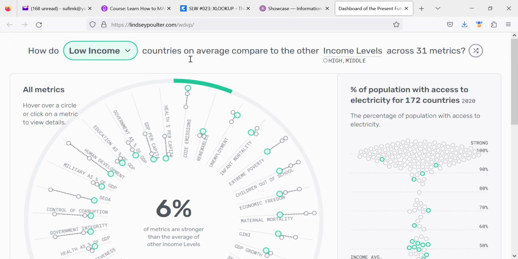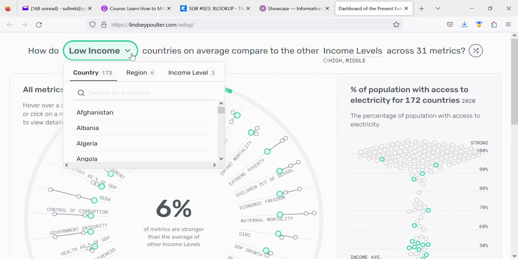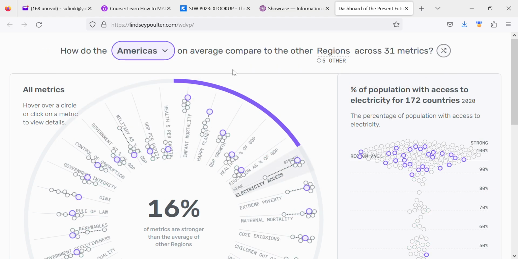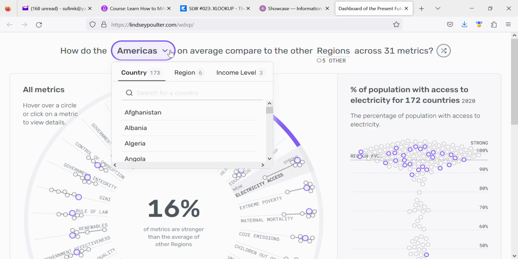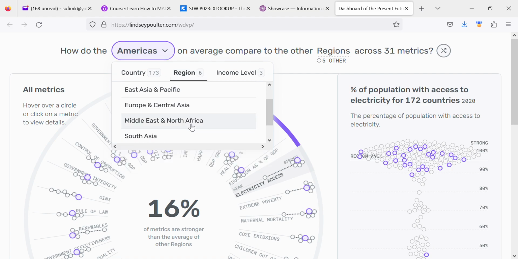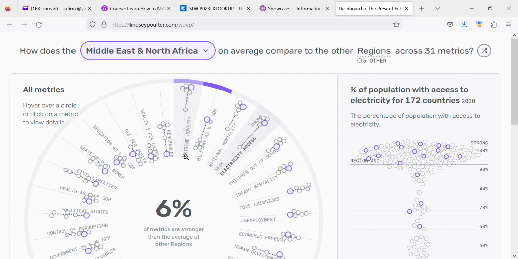Let's look at it by region. For example, for the Americas, 16% of metrics are stronger than the average of other regions. For Middle East and North Africa, 6% of metrics are stronger than the average of other regions.